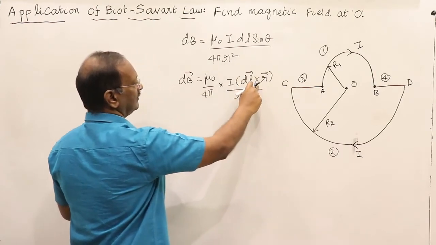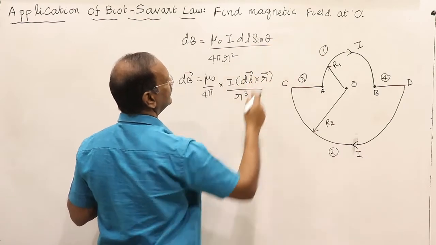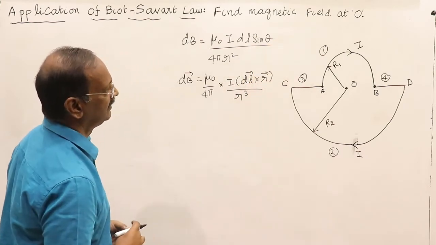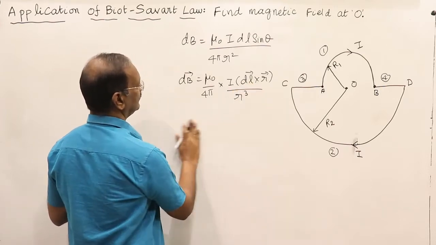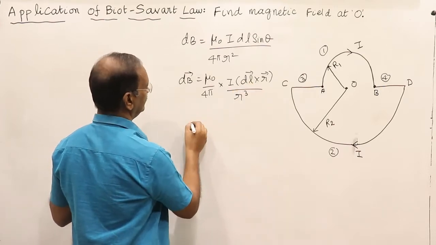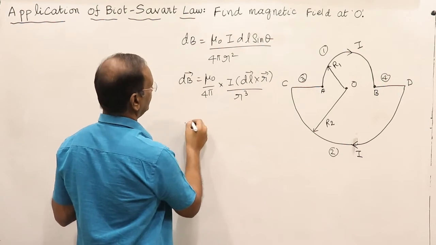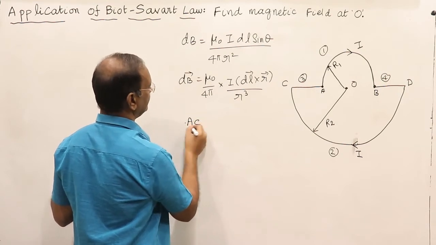Because it is vector form, we have sin theta into the unit vector along this one. So what is theta? For this portion we are talking about portion AC.